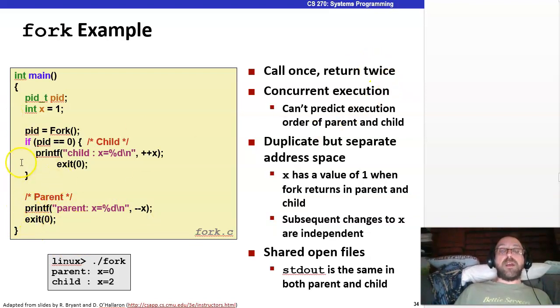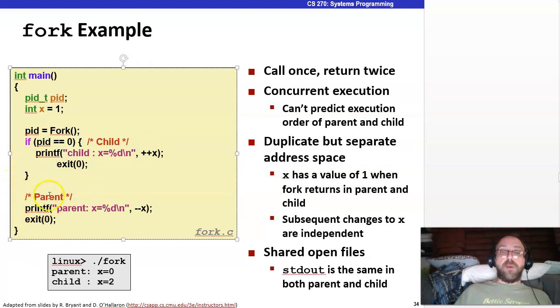Notice that this child process has an exit here as the last thing. If I didn't have that, then what would happen? Well, the child process would print child. It would come out of the if and continue on to this code.